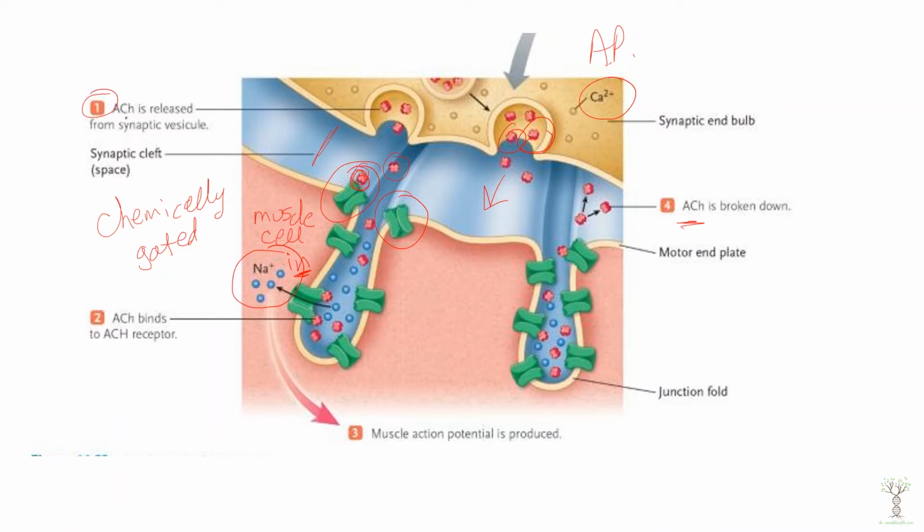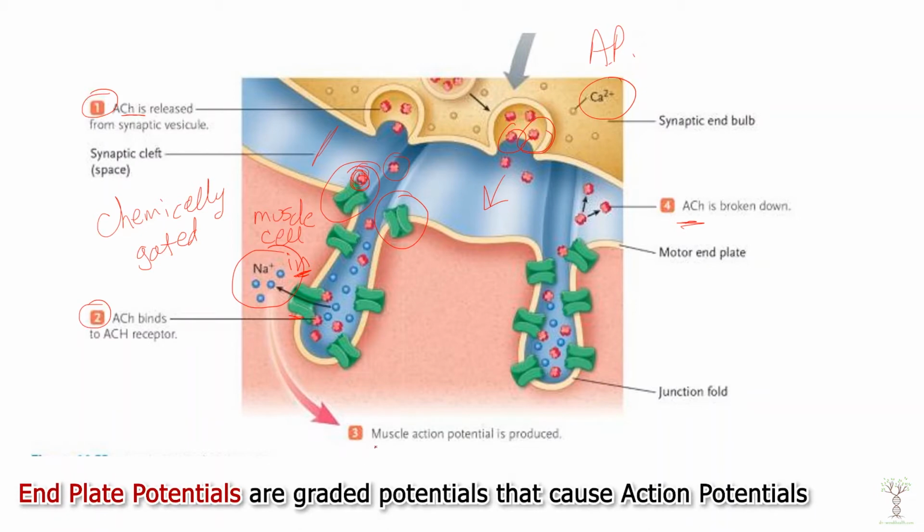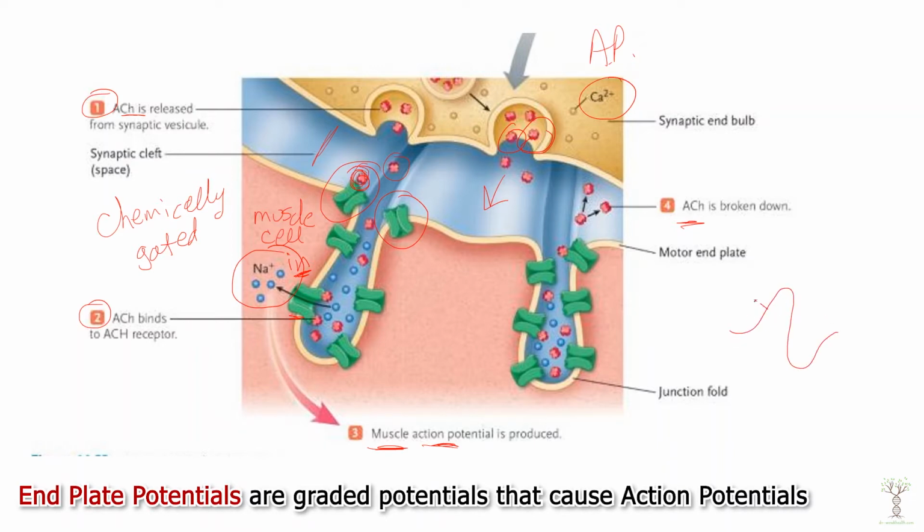So number 1, acetylcholine is released. Number 2, acetylcholine is going to bind to chemically gated channels. 3, that is going to cause an action potential in the muscles. Sodium is going to move in, just like the action potential that we had in our nervous system.